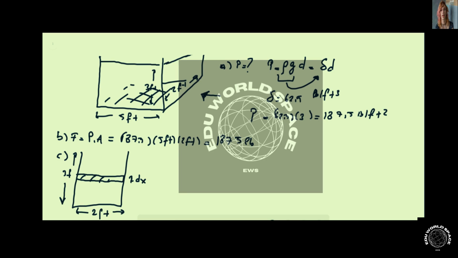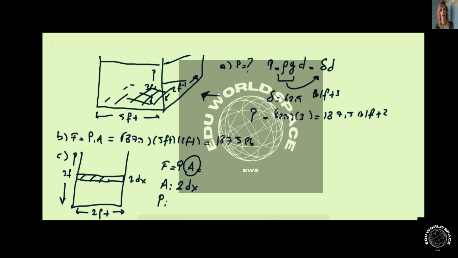So the force would then be P times A, where area is the main variable of interest. That would be 2 times dx, and we would need to then add those areas up starting from 0 up to 3.